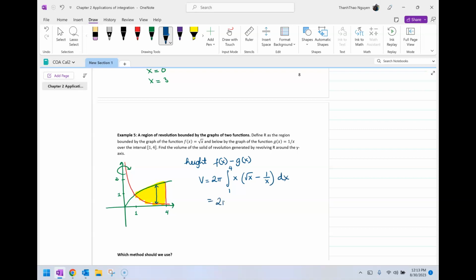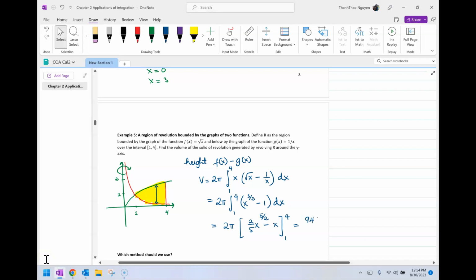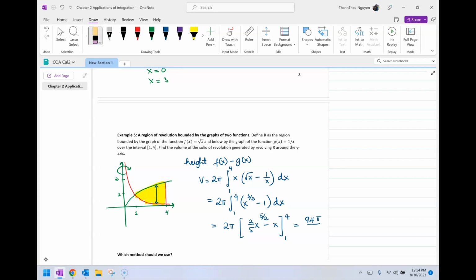We simplify this to get, and evaluate this integral, we get 94 pi over 5.